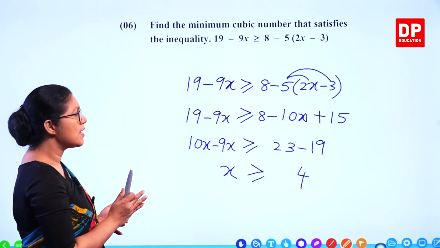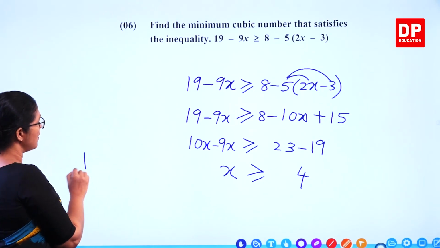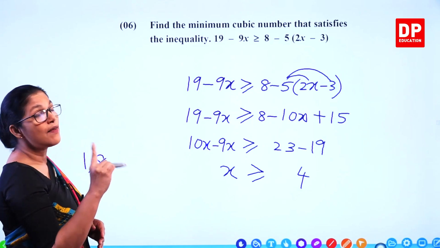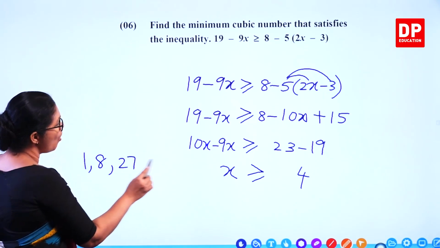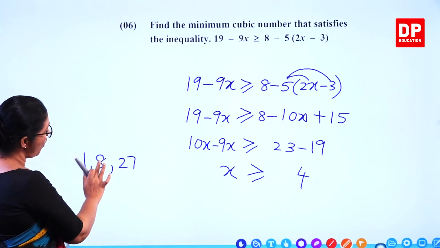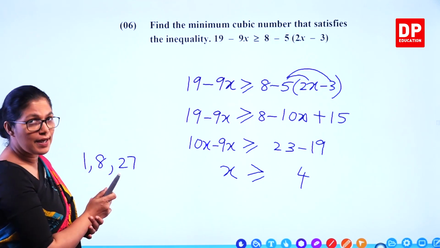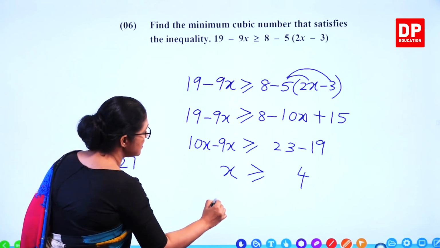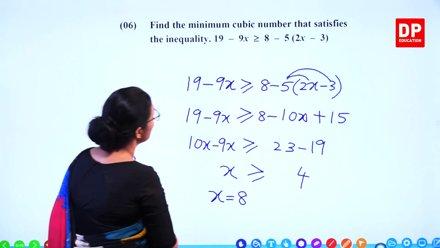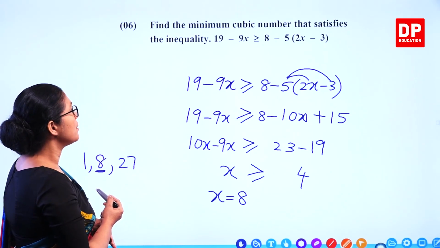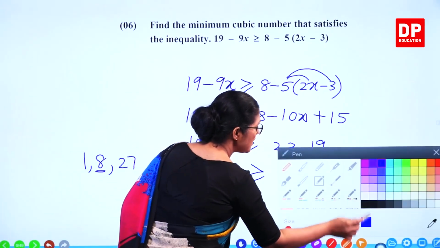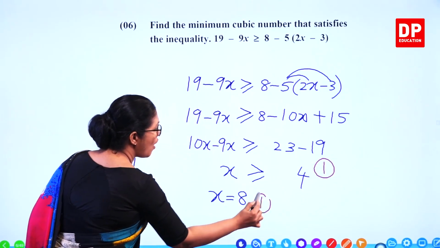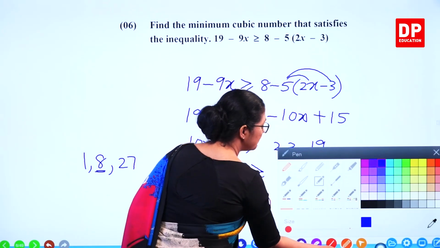What are cubic numbers? 1 to the power 3, that's 1. 2 to the power 3, that's 8. 3 to the power 3, that's 27. So more than 4, what is the minimum cubic number you can get? That's 8. So 8 is the minimum cubic number. So you get 2 marks for that, 1 mark for solving the inequality and 1 mark for identifying the cubic number.